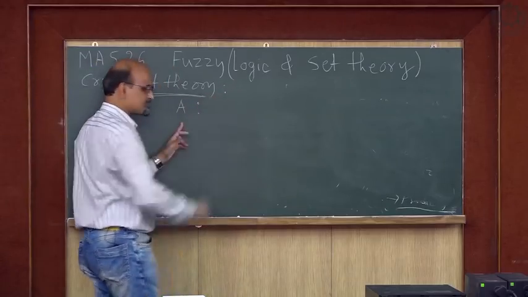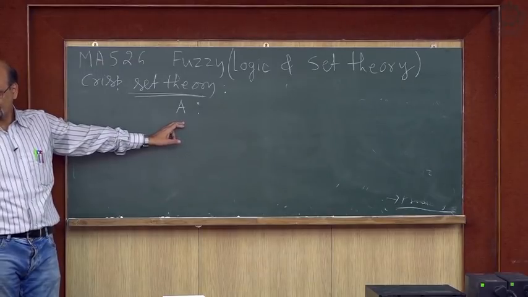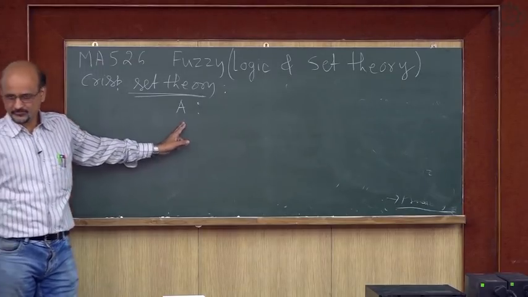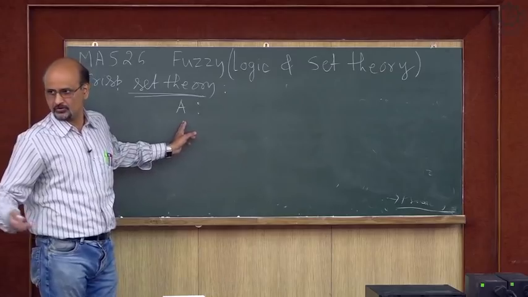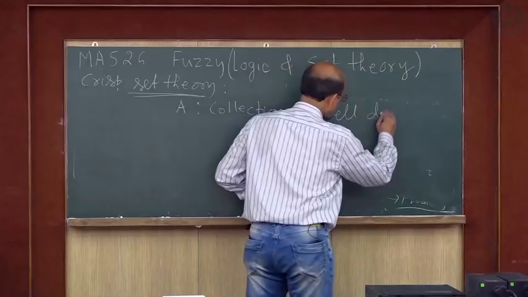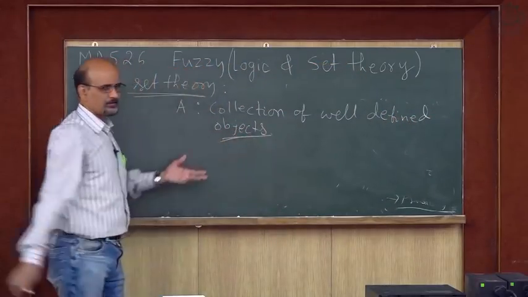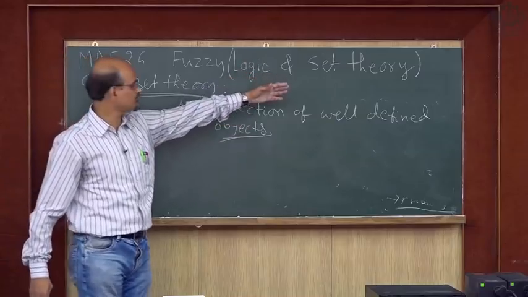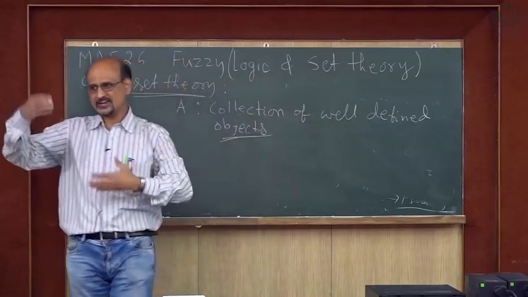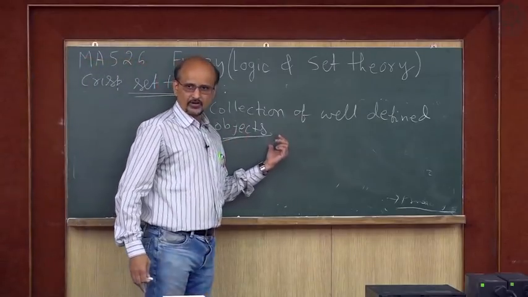If I say A is a set, then it is a collection of well defined objects. I am just revising or introducing this set theory a little, so that I can extend this to fuzzy.